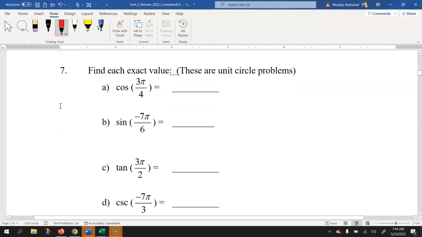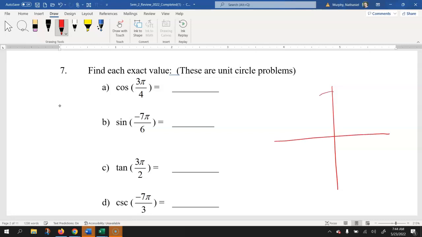All right, these first three are just a matter of knowing the unit circle. Then the last one, we have to do a little bit of work there. So remember, on the unit circle, 3 pi over 4, if we divide this circle up into fourths, where this would be 1/4 pi, 2/4 pi, 3/4 pi would be right here.